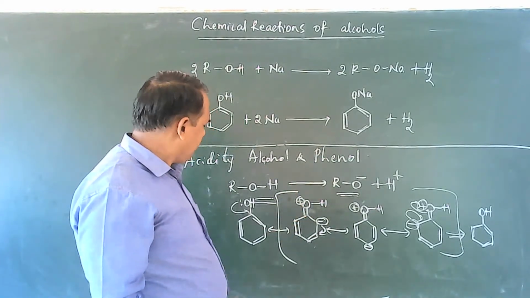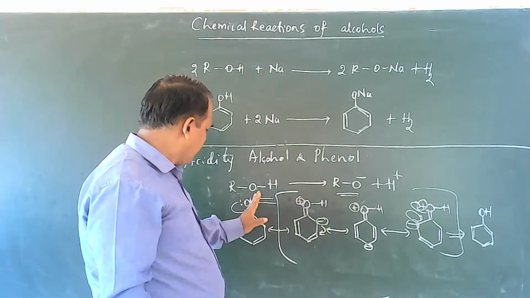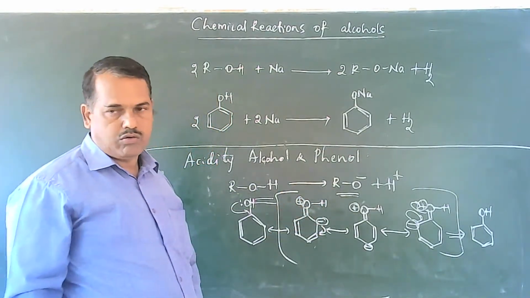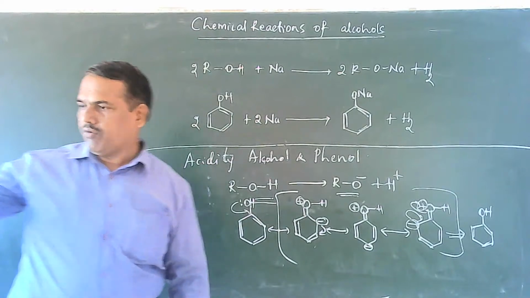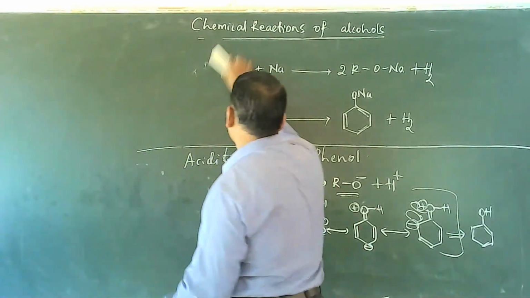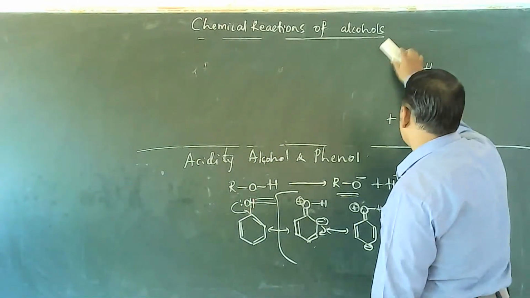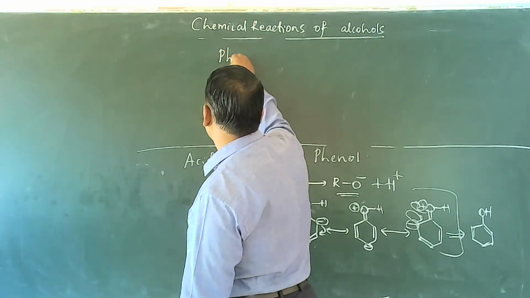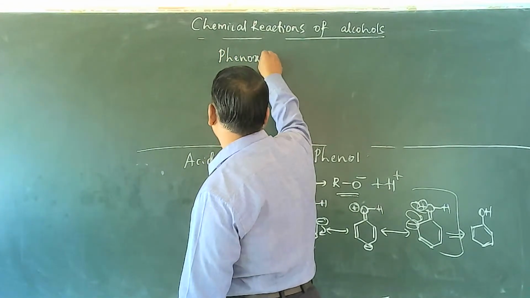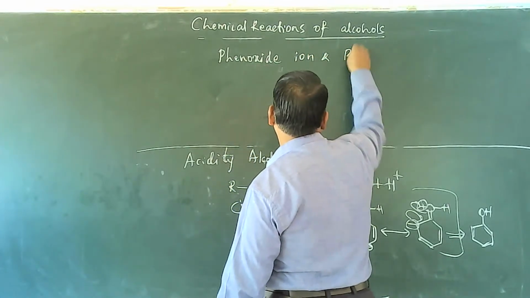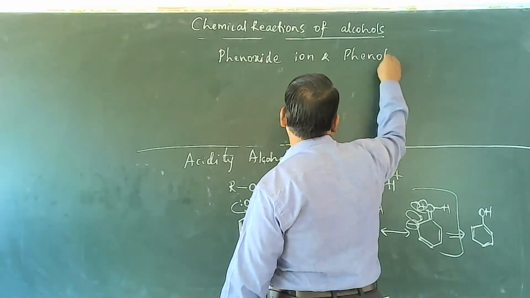You have to compare again. When the hydrogen atom releases, you will get a phenoxide ion. You have to compare phenoxide ion and phenol.